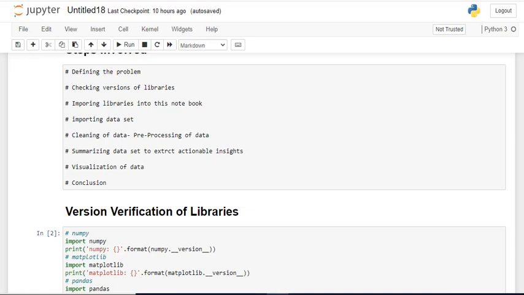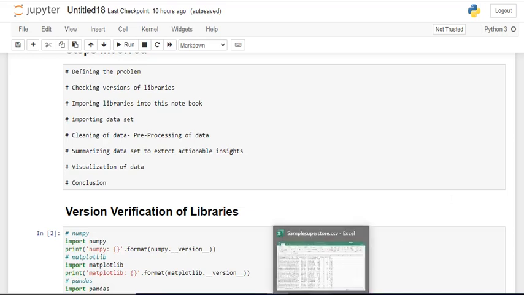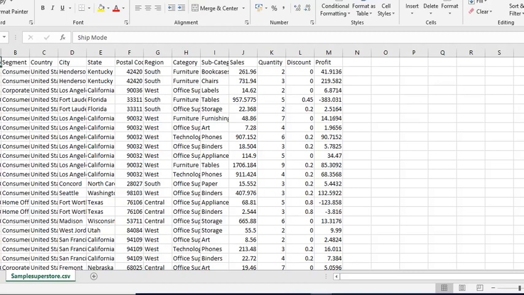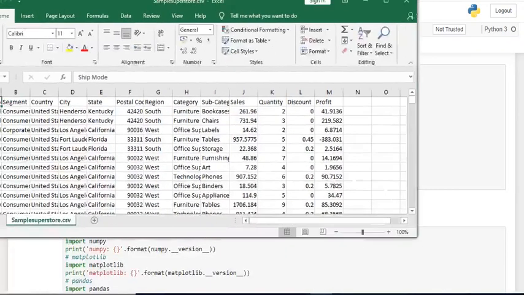Cleaning of data. Before performing the exploratory data analysis, we need to look at the data set which is provided, and let's see the data set. This is the data set provided here.